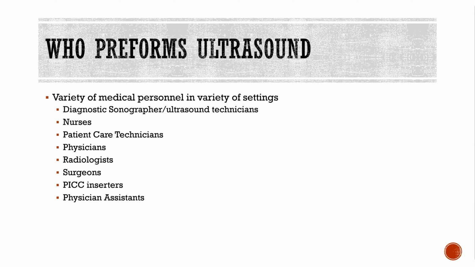And so we have the most obvious places that it's happening. So we have our diagnostic sonographers and our ultrasound technicians. And so we tend to think of those as working primarily in our radiology departments. They may be in vascular labs. They may be in your OB areas and in your cardiology areas.